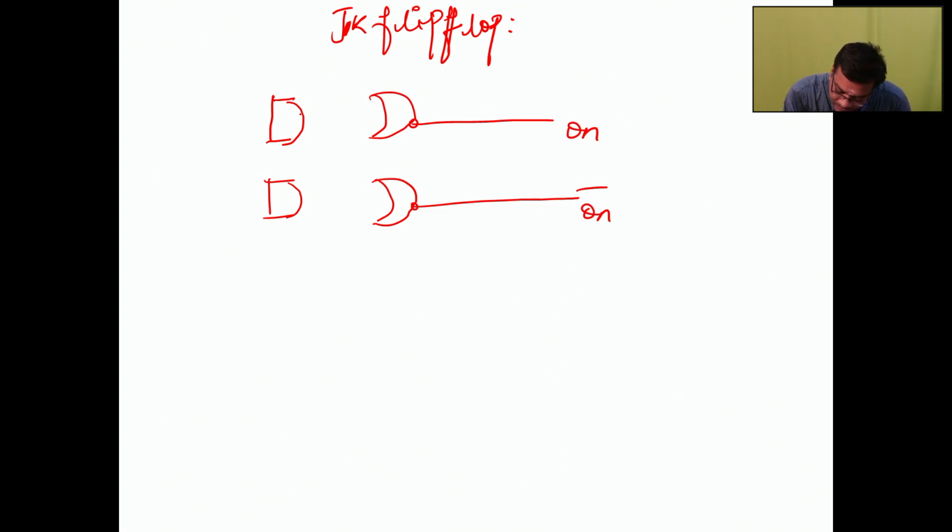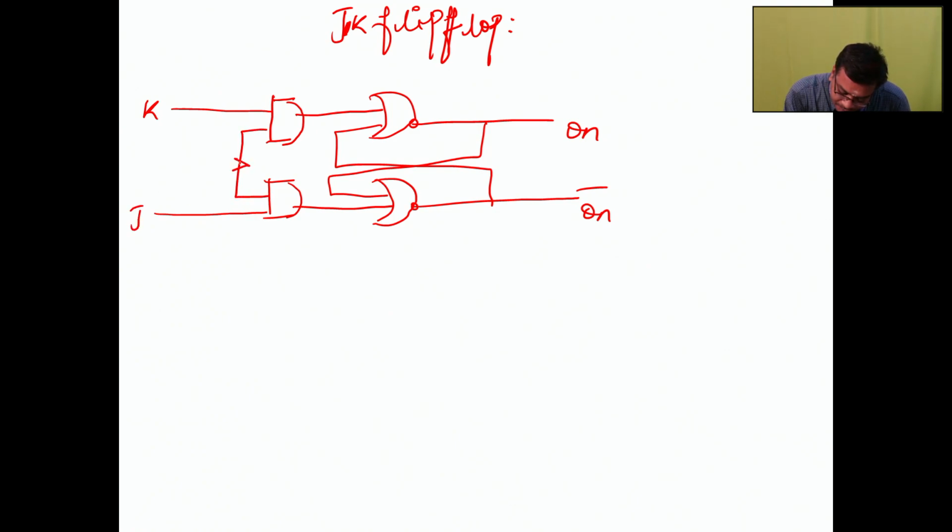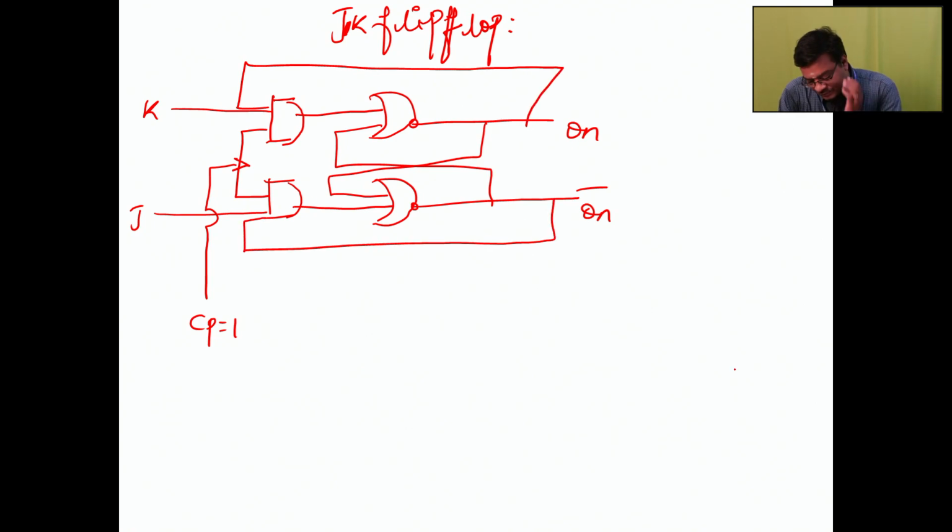It has outputs Qn and Qn bar, inputs K and J, and clock pulse equal to 1 here. This is first, this is second. So, truth table.